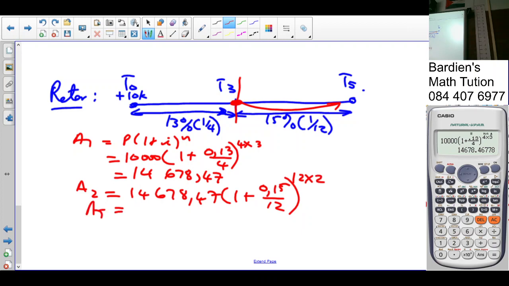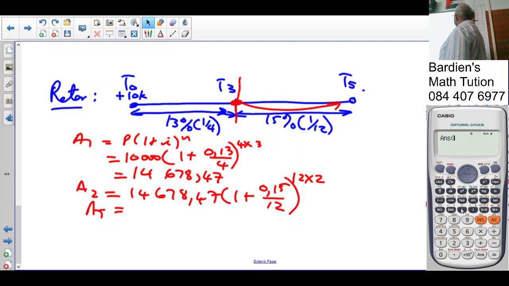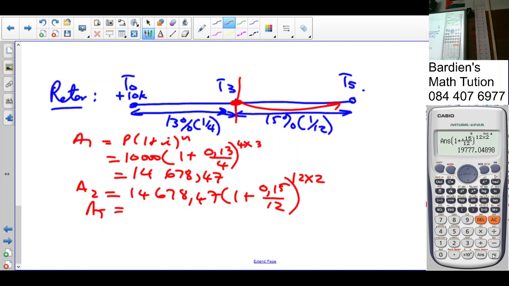So this answer into 1 plus 0.15 over 12 to the exponent 12 times 2, giving you 19,777.05.